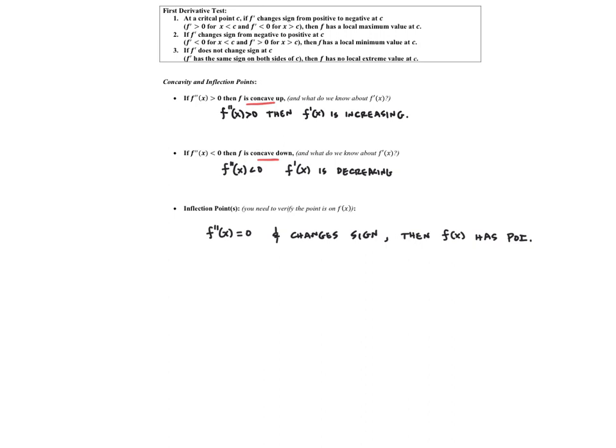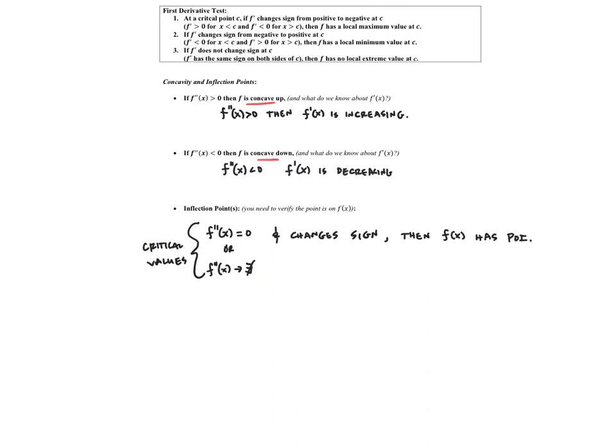Now, this is also true if f double prime doesn't exist. So if either of those two are true, really I'm just finding critical values for f double prime, instead of f prime like I did with local min and max values.